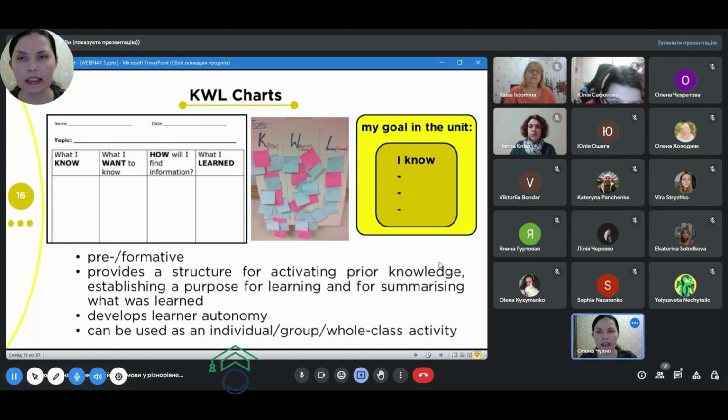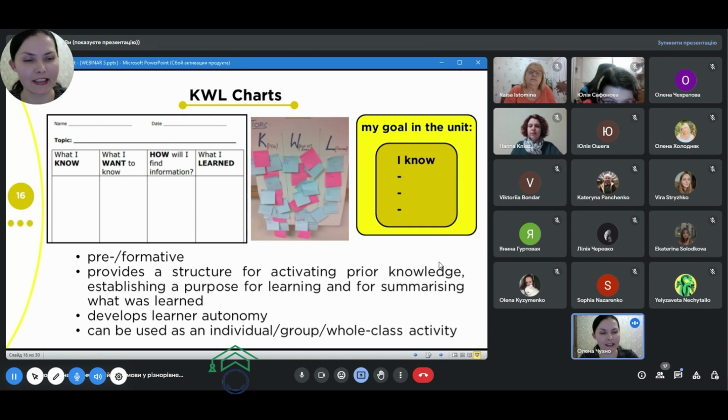The next technique we're going to speak about is called KWL, and I suppose that many of you have used this already. So basically, it is what I know, what I want to know, and what I learned.